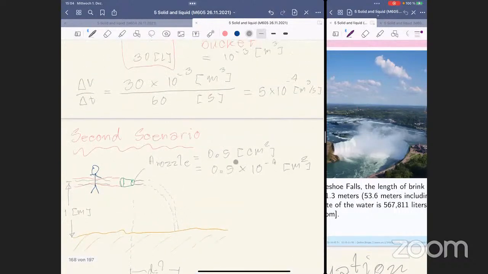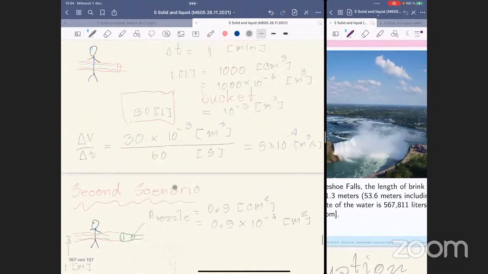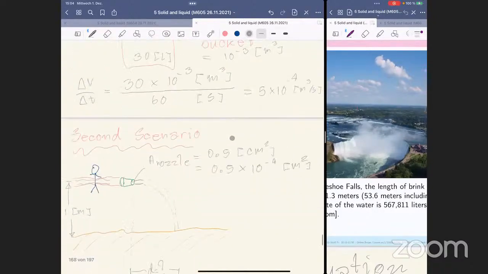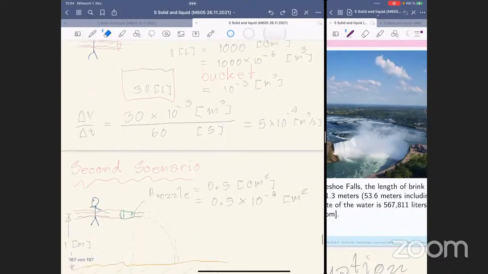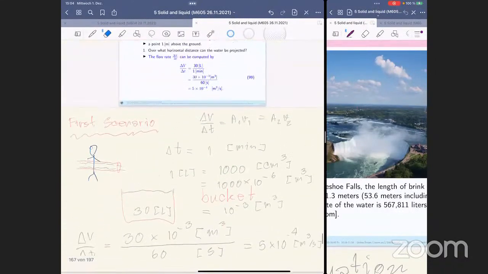And what could we do if we know the area of the nozzle? Yeah, let's apply the continuity equation. We know that delta V by delta T is equal to A1 V1, right? Yeah, let's use this relation again, same as the example about the Niagara Falls.